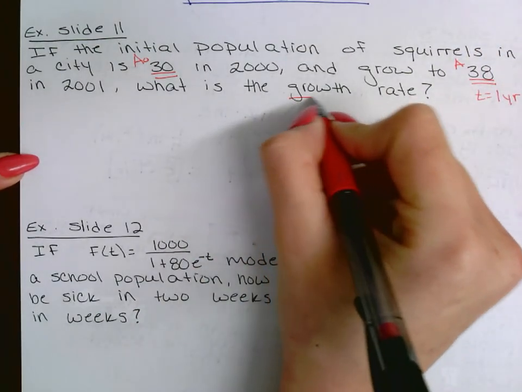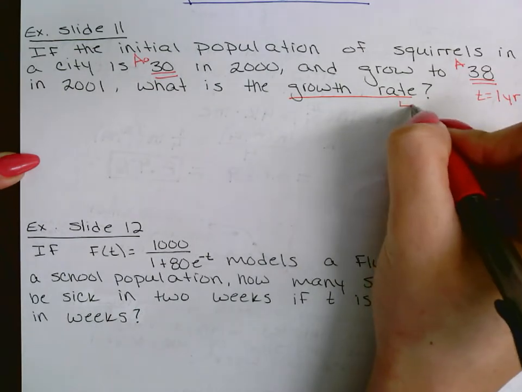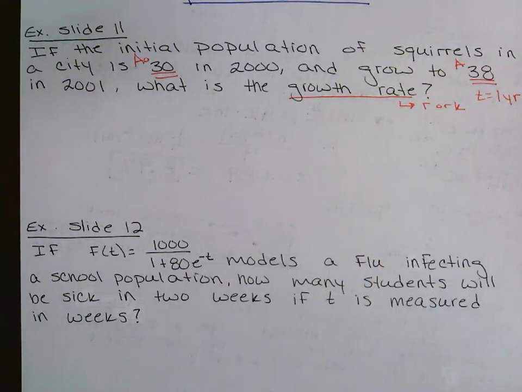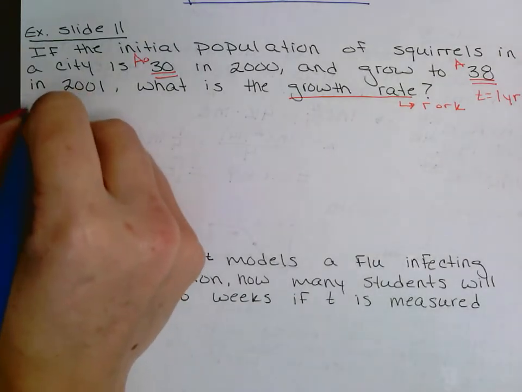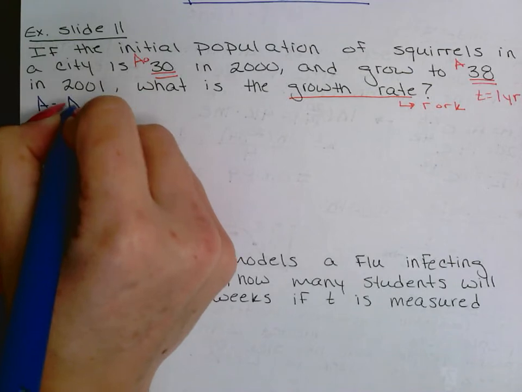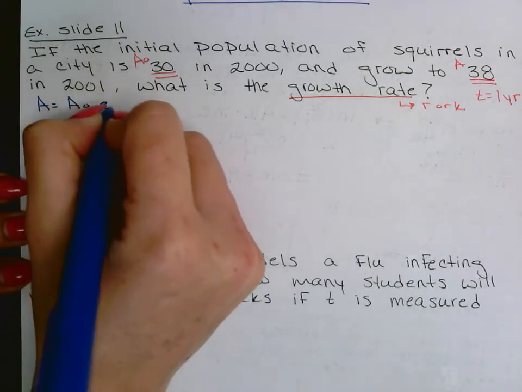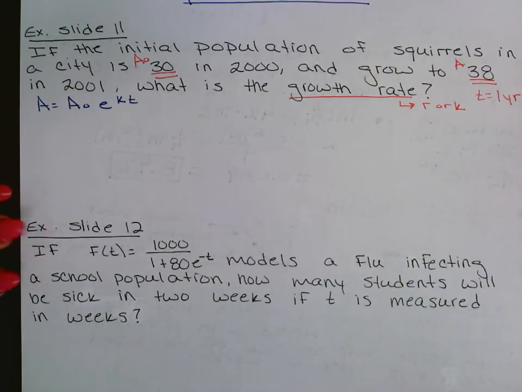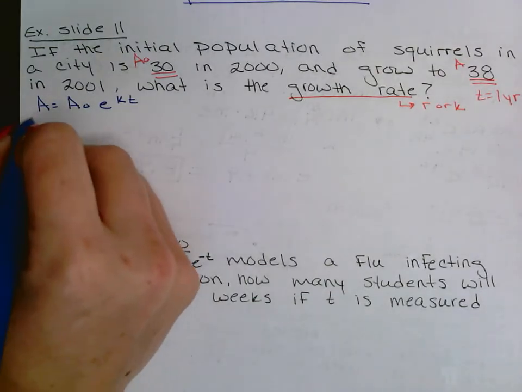And then what is the growth rate? They're either asking you whether you want to call it R or K. So my equation says total amount equals initial amount times the function e raised to kt. Plug in what you know.